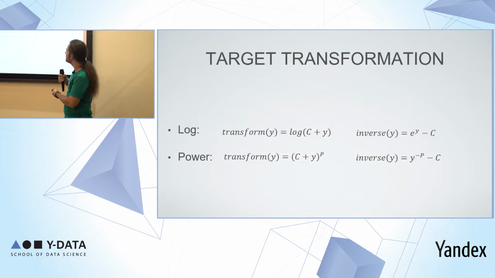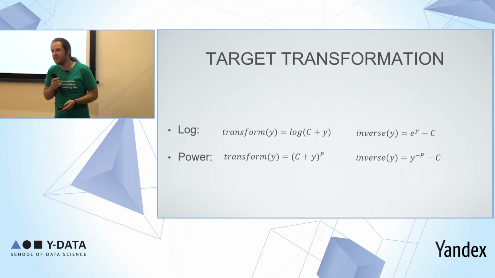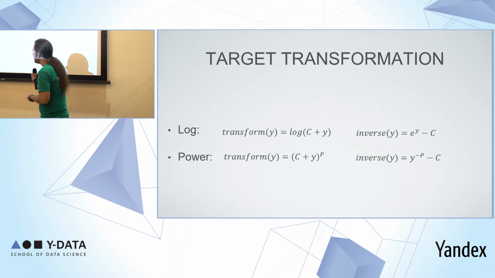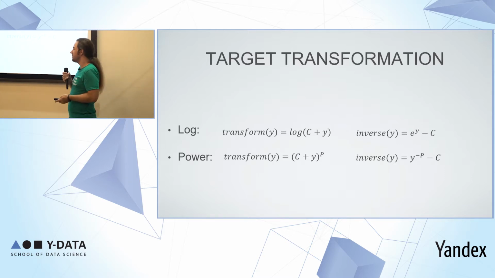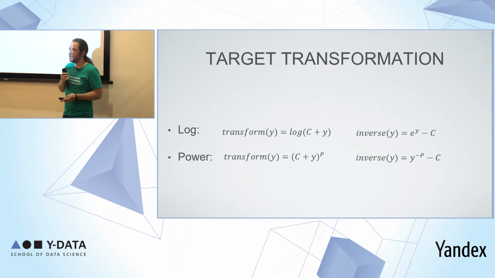So what are the good target transformations which could be used for mean absolute error? What we actually want from this transformation, the most important part, is that the median and the mean values are different because the distribution of the target is skewed.